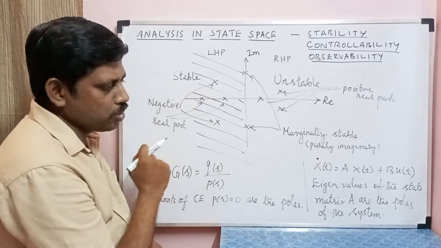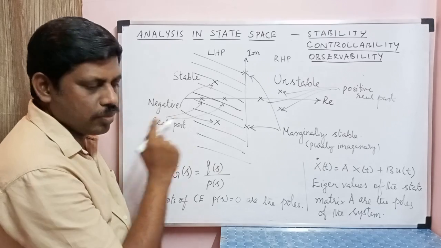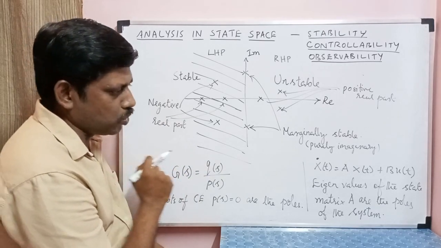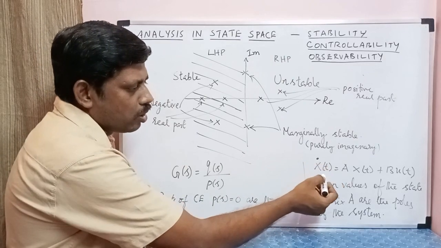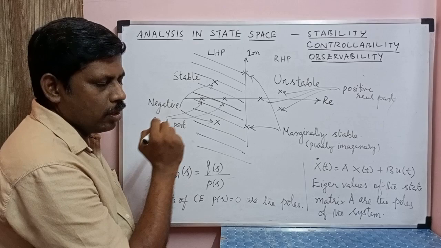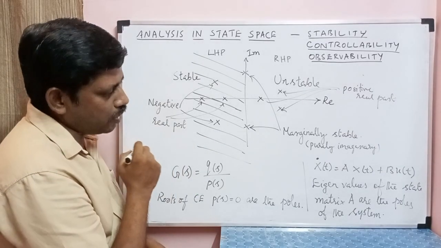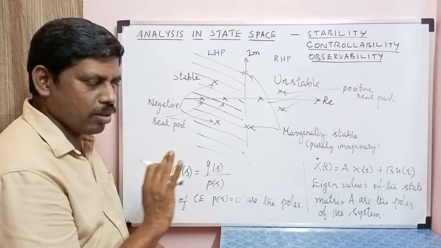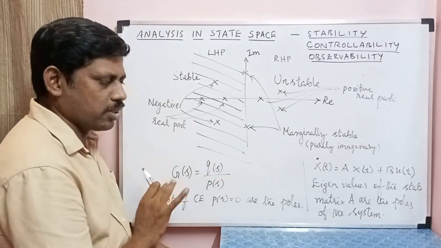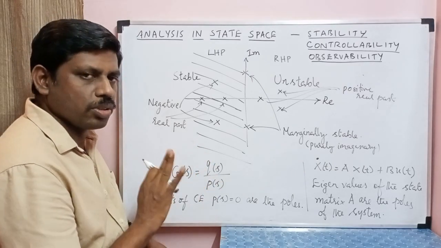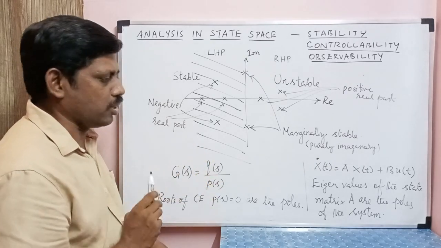But when it comes to modern control theory, which uses the state space model instead of this transfer function model, we have x dot of t equal to Ax plus Bu. In the previous lectures, we have understood that the eigenvalues of the state matrix A are nothing but the poles of the system. Eigenvalues of the matrix A and the poles of the system are one and the same.